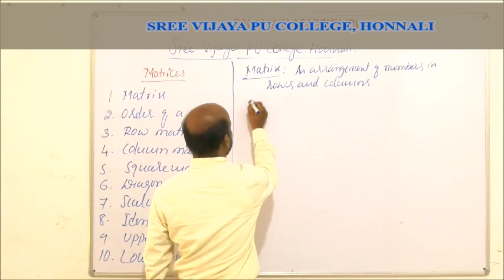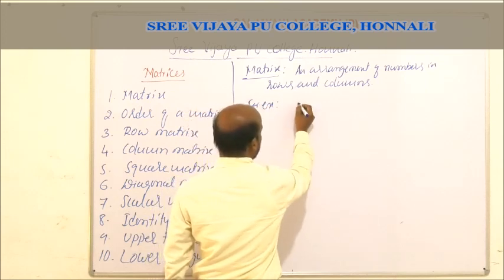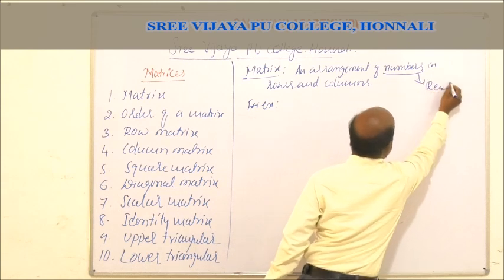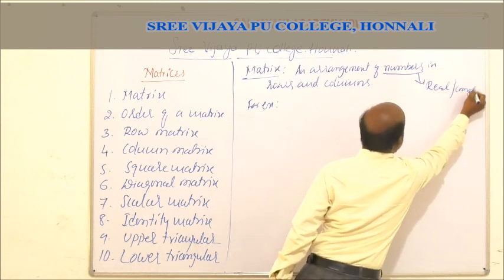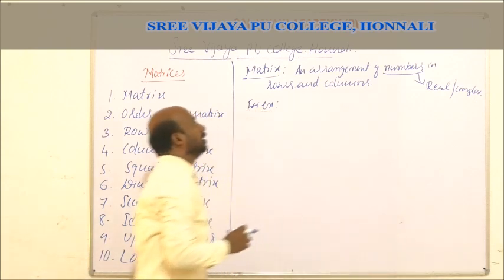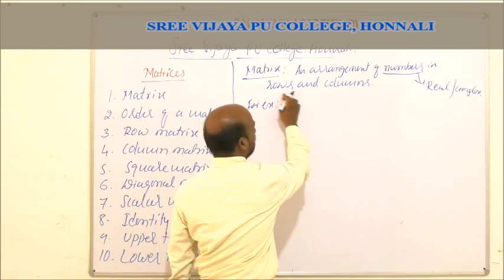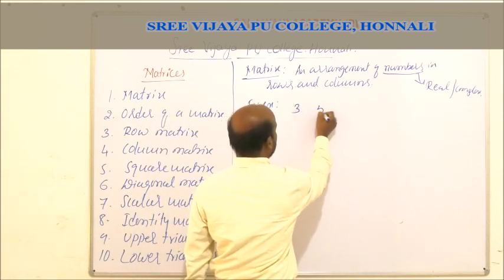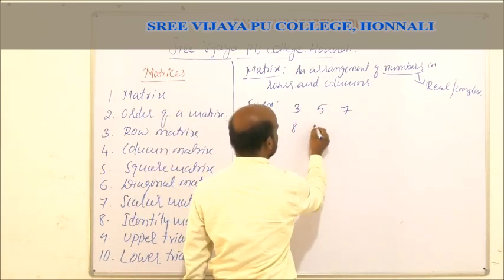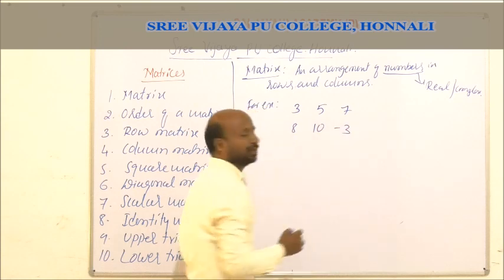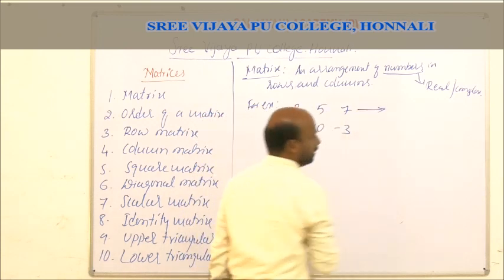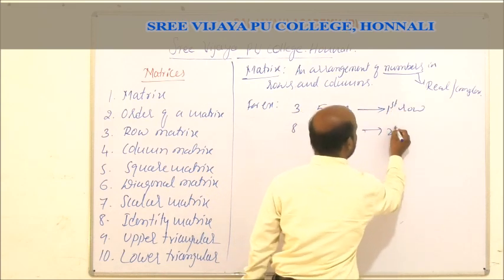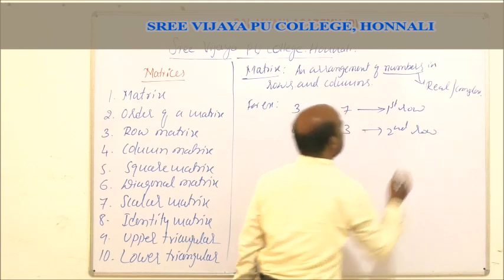For example, 3, 5, 7 are the first row elements, and 8, 10, minus 3 are the second row elements.